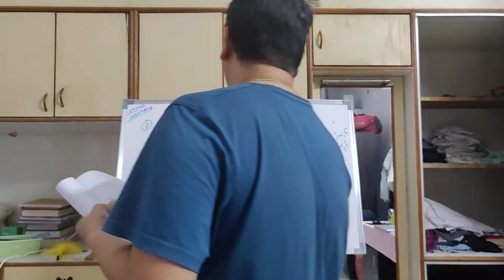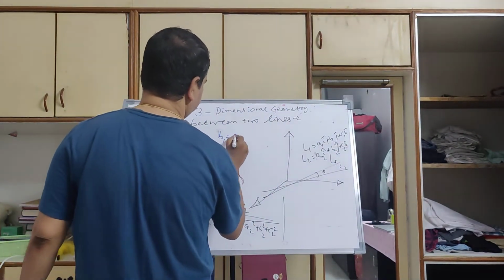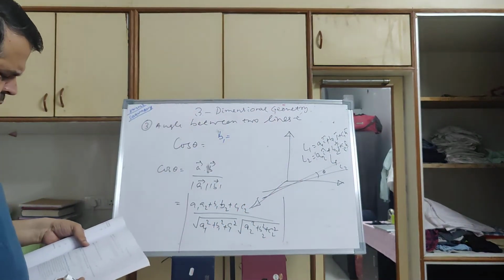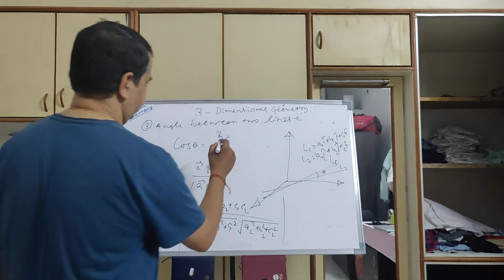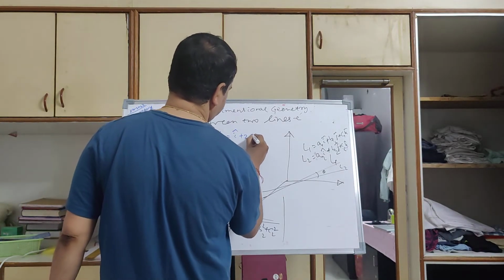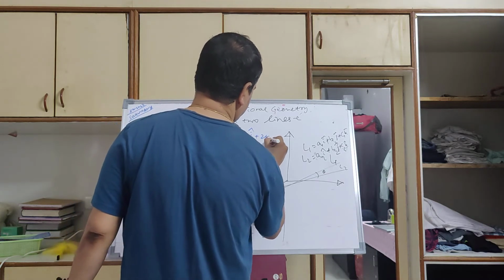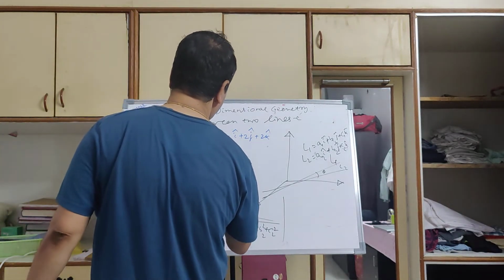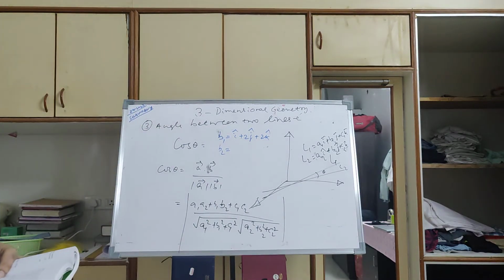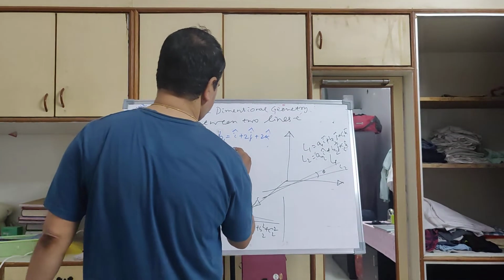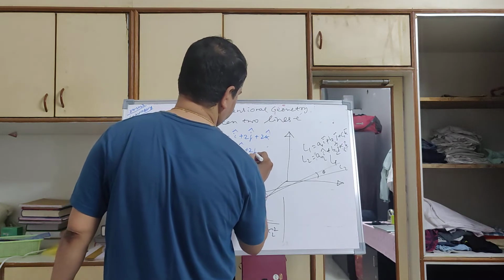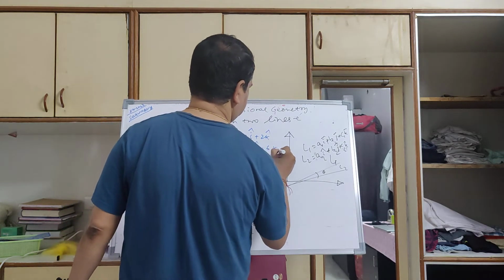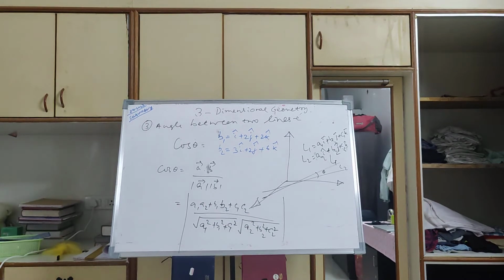So let me say my vector b1 is equal to i plus 2j plus 2k. So this is my one vector. Then my vector b2 is equal to 3i plus 2j plus 6k, correct? So now I want to find the angle between these two vectors.